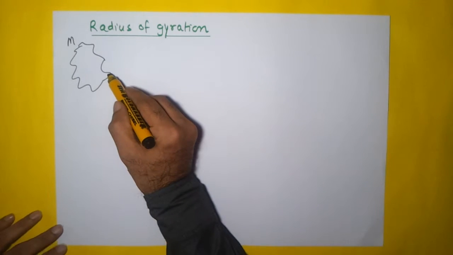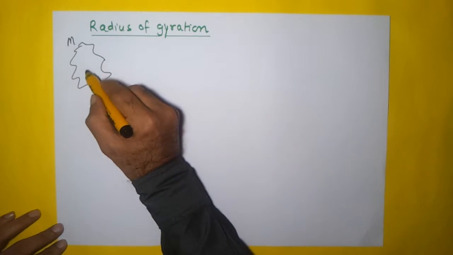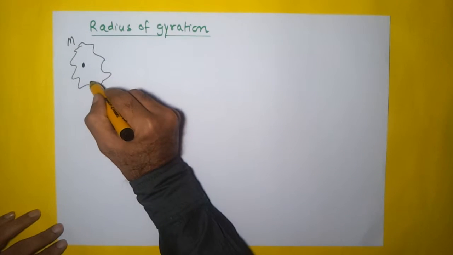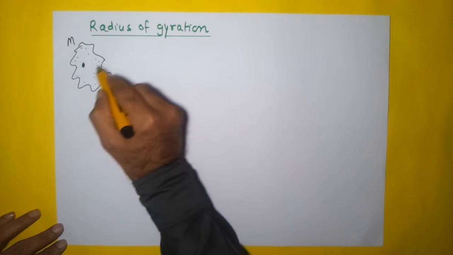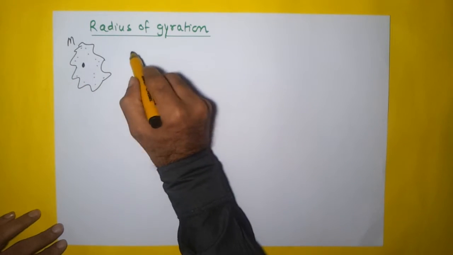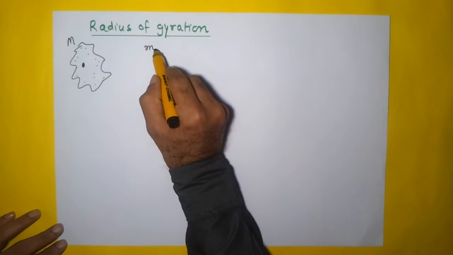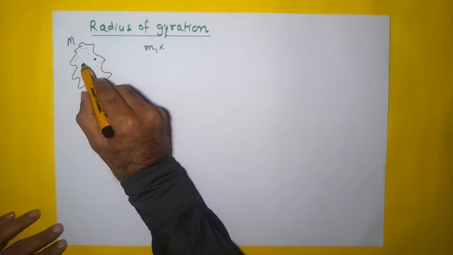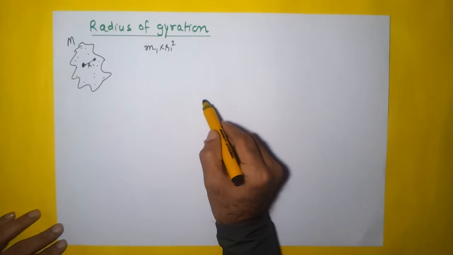Let me just quickly go through once again what moment of inertia is. Let us say we have this body rotating around this axis, and this body is comprised of n number of particles. I take the mass of each particle, m1, and the distance of this particle from the axis of rotation, r1, and take r1 square.